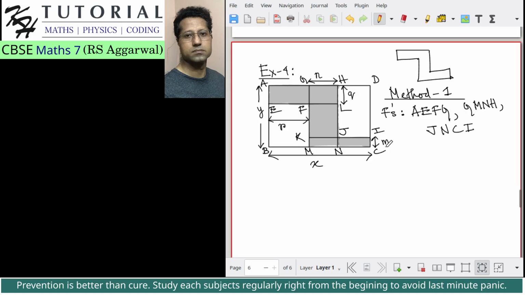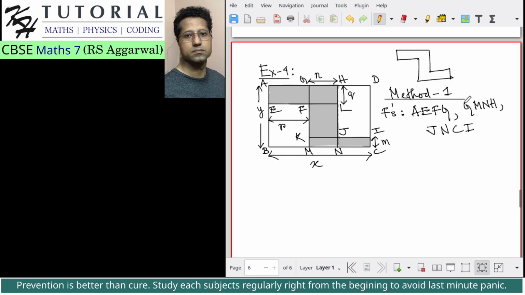Let's see if I can find its dimension. The length will be NC. Do I know NC? Yes, I know NC. NC will be X minus R minus N. Okay, I know. And what is IC? IC is given to be small m.